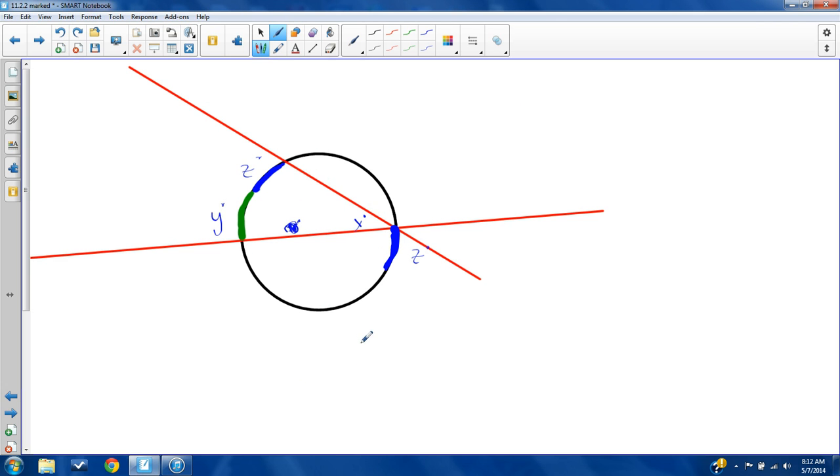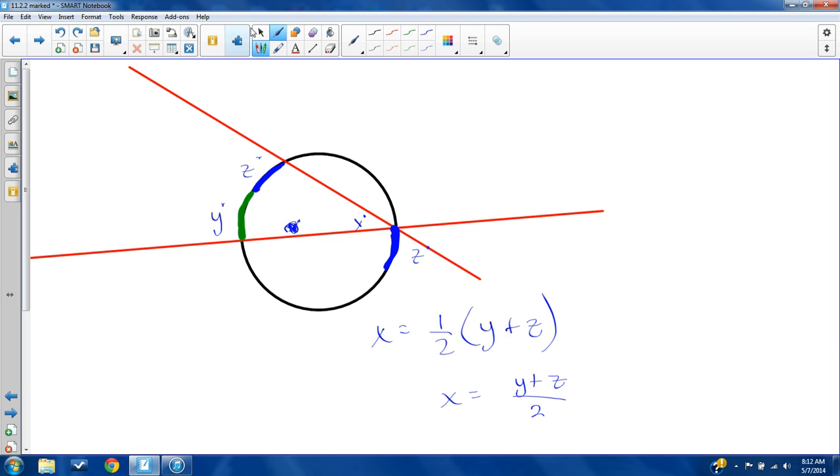X as an inscribed angle would be half the measure of its intercepted arc. So x is half the measure of this intercepted arc right here, y plus z. So x equals y plus z over 2. You'll see it that way a little bit as well.